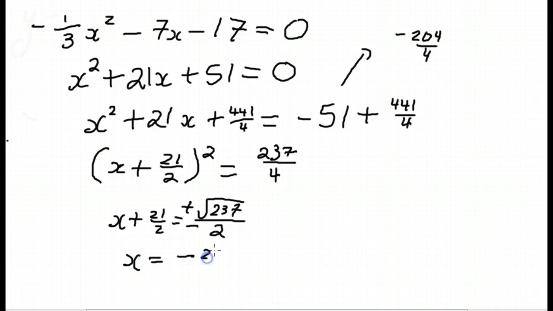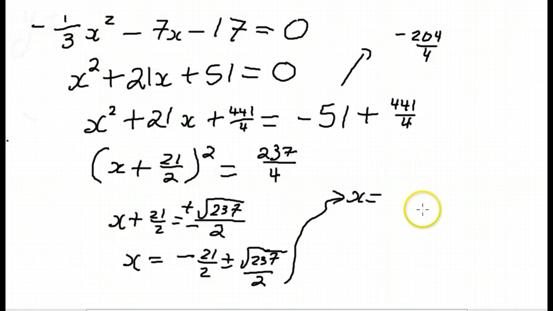And it becomes negative 21 over 2 plus or minus the root of 237 over 2, which we would be better off just writing from the beginning as x equals negative 21 plus or minus the square root of 237.